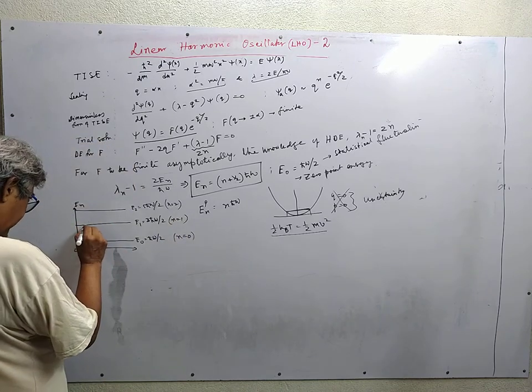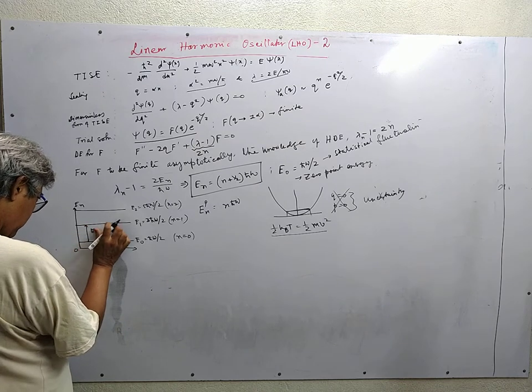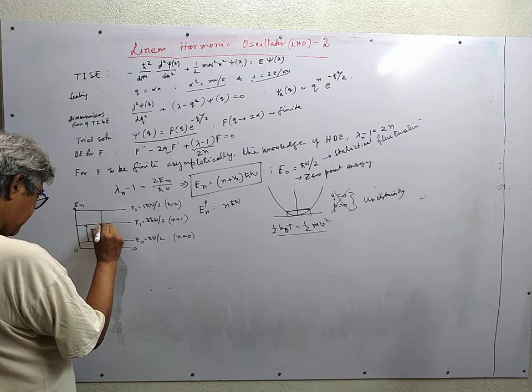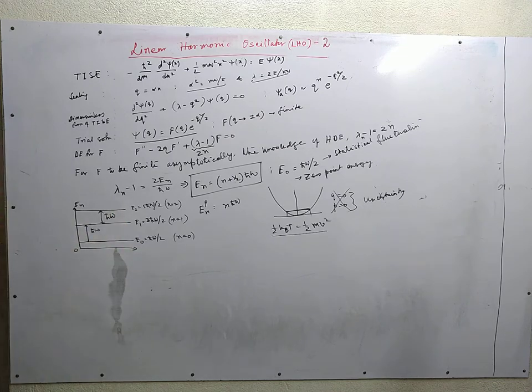The gap between these energy levels is h cross omega, this is also h cross omega. So to say, the energy levels are equispaced.